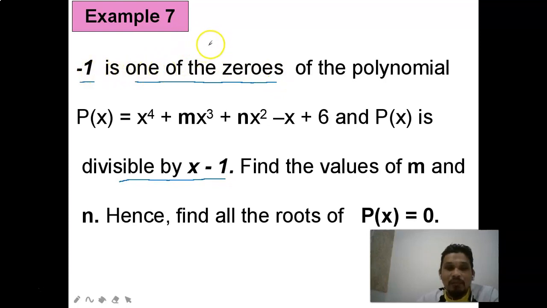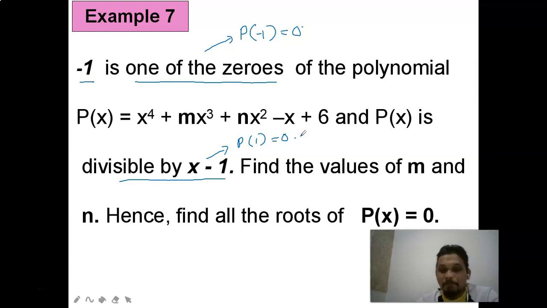Negative 1 is one of the zeros means that P(negative 1) equals 0, and P(x) is divisible by x minus 1 means that P(1) equals 0. Looks like the same, right? Okay, find the values of m and n and find all the roots of P(x).